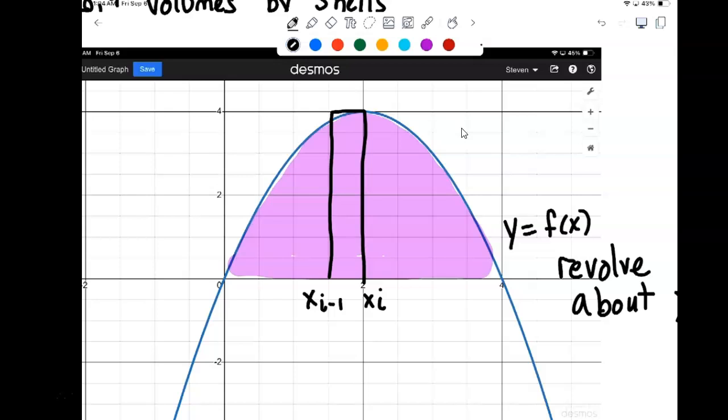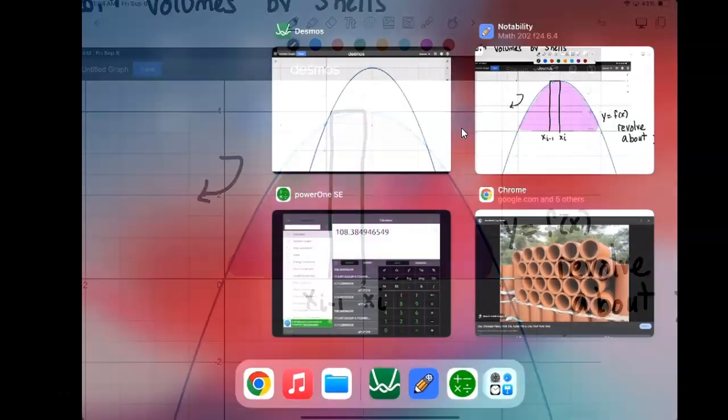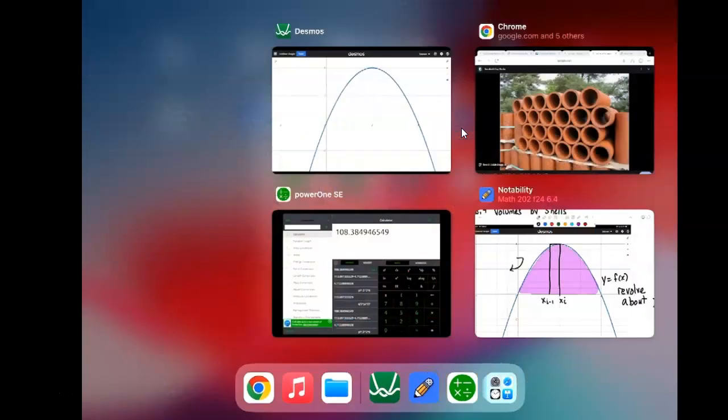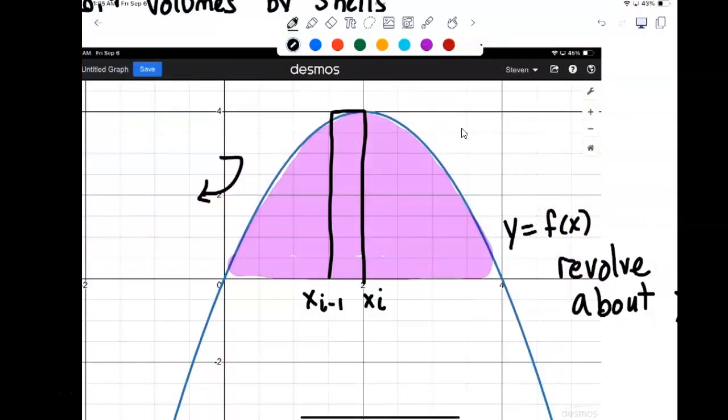I'm going to take that rectangle and revolve it about the y-axis. And what I want you to realize is that when I do that, I've actually created one of these terracotta pipes, or what we call a cylindrical shell. That's what we're going to generate when we revolve it.